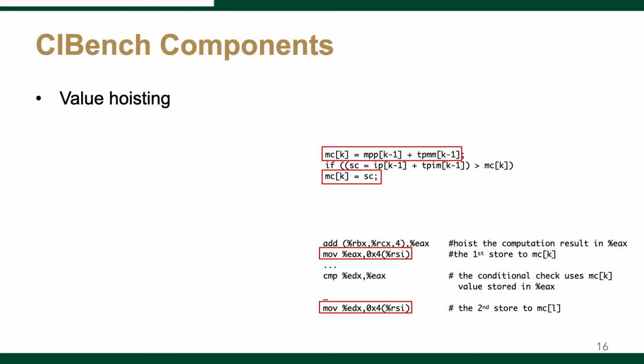When the conditional check executes, it compares the value from the register directly. So the store in line 3 overrides the previous store in line 1. This is a value hoisting inefficiency, and this type of inefficiency is introduced by compilers. We optimize this code by using a local variable to record the value and write it after the conditional check.